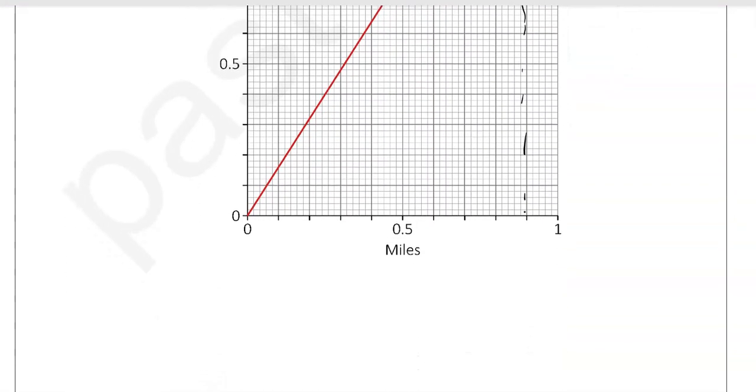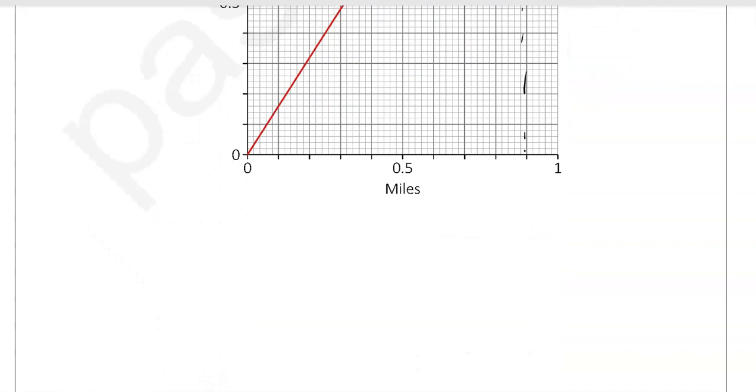So 1.44 kilometers into meters. So 1 kilometer is equal to 1,000 meters. What about 1.44 kilometers?